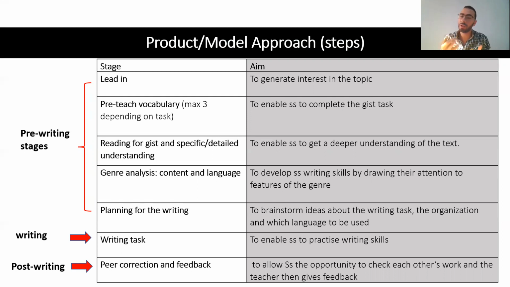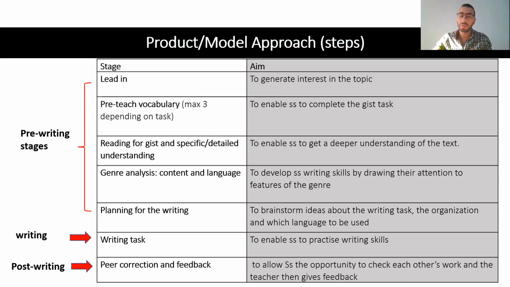Because if we don't do that, reading for gist is very quick and it doesn't allow students enough time to examine the text and go through it and so on. So it's very important to provide gist and specific or detailed understanding tasks. Or you can set the task, set the scene, and move to the specific or detailed understanding quickly, in case you're running out of time or in case you have limited time.